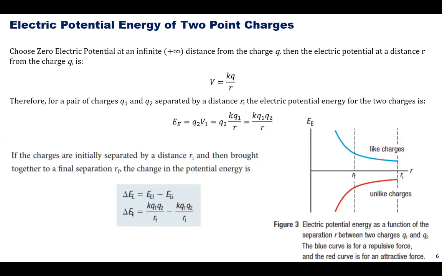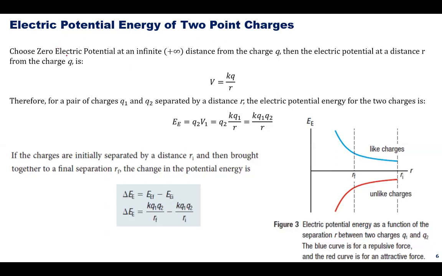So first, we have EE equals Q1 times kQ2 over r, right? Then EE equals Q1 times kQ2 over r equals the electric potential energy of a pair of charges.